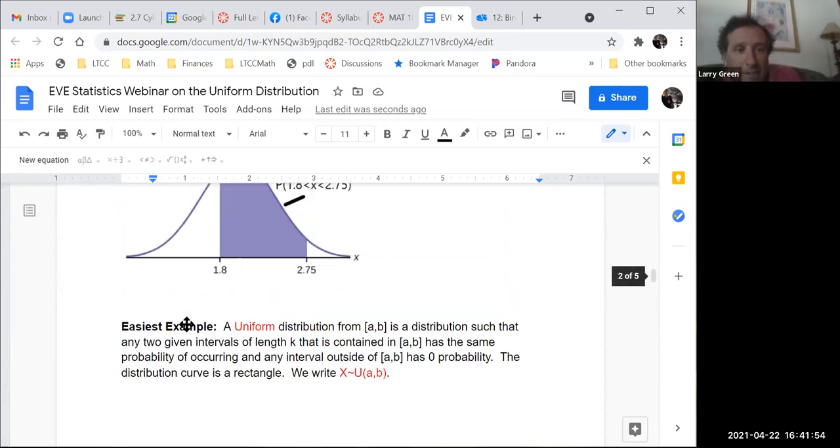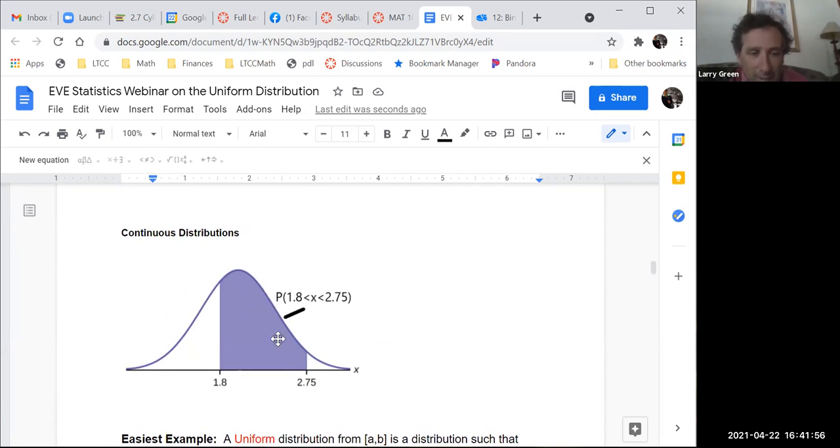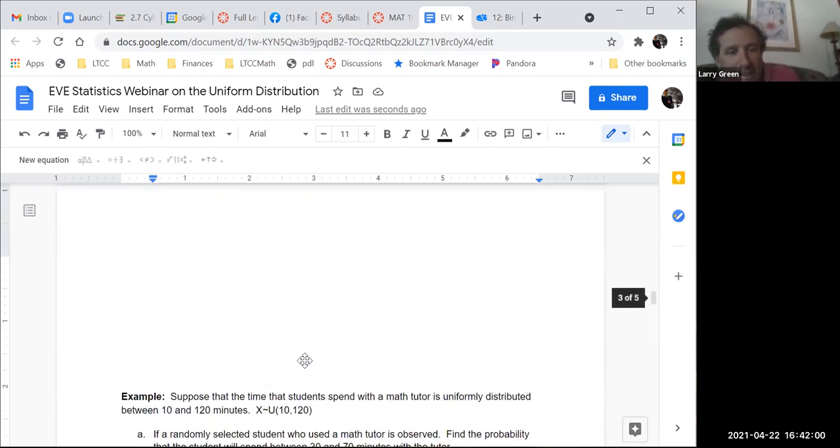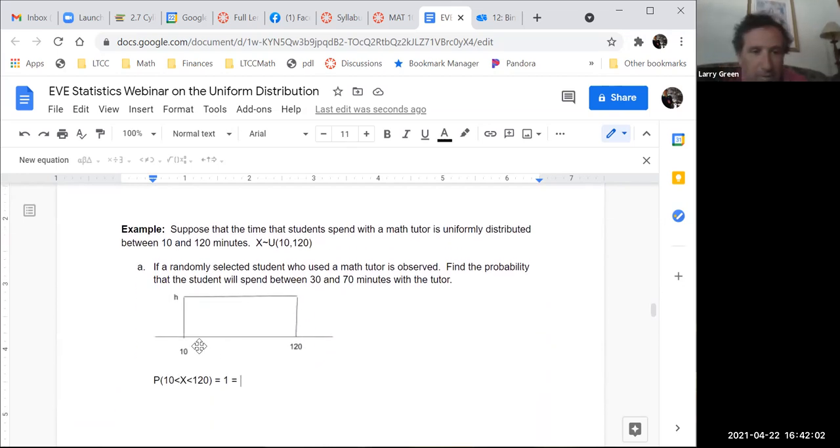We had a picture over here, and we said the probability was this shaded-in area. So how do I find the probability of being between 10 and 120? Any thoughts? I don't see you all jumping in. So again, it's the area.